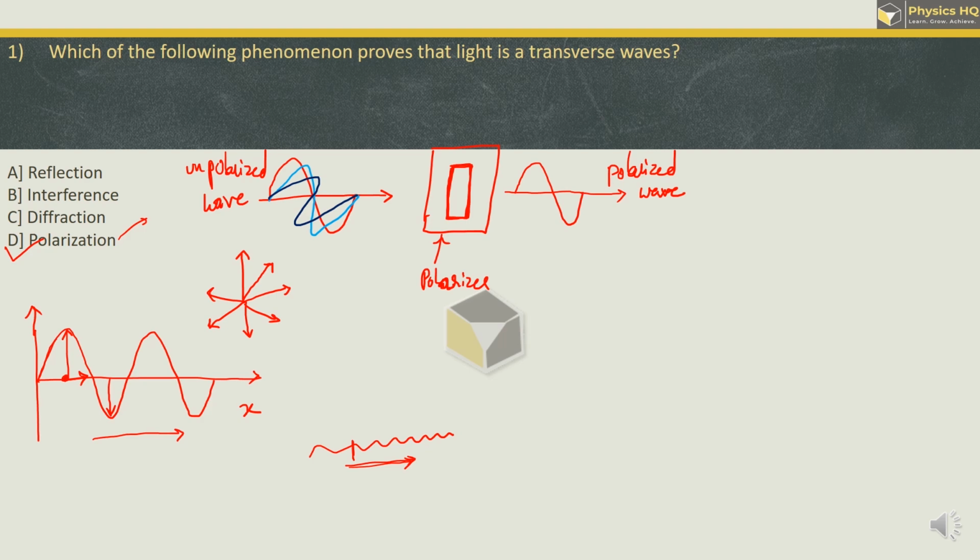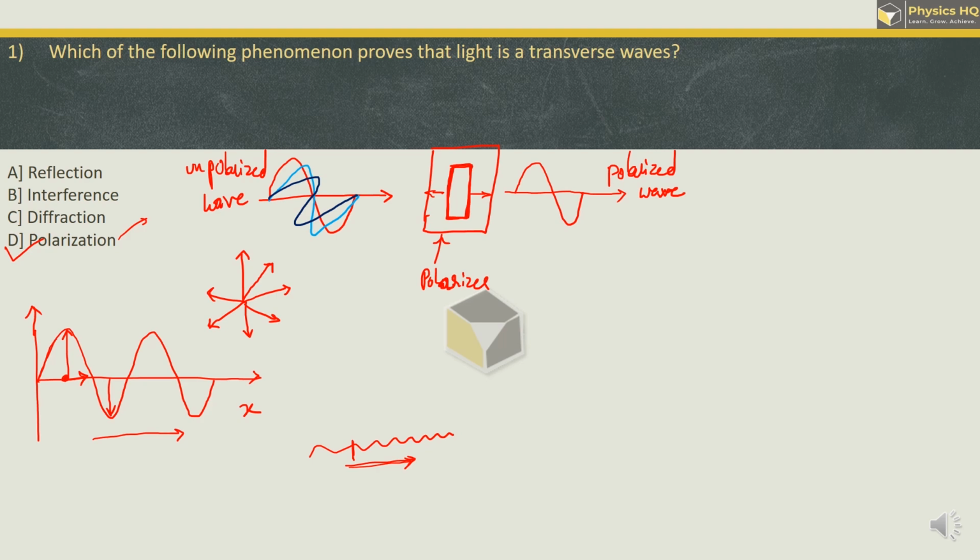All the other waves which do not have vertical orientation will be blocked by this polarizer, and this tells us that the particles on the wave oscillate in a direction perpendicular to the direction of propagation. Therefore polarization can prove that light is a transverse wave. Hope you all understood this.